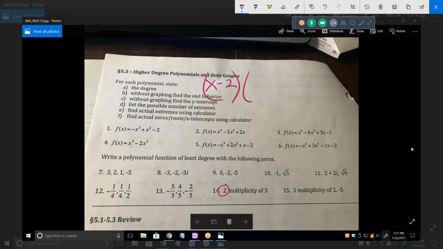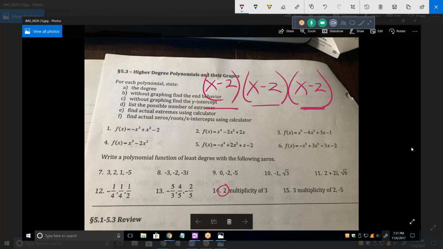But since they want the polynomial, we would want to multiply that out. You can just multiply that by that, you'll get a trinomial, and then multiply that trinomial by that binomial. And you'll get a third degree 4-term polynomial.